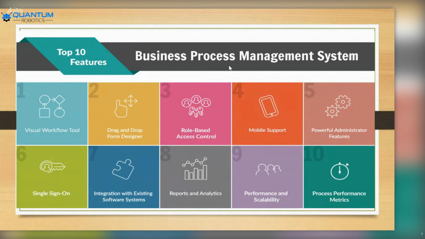Here there are: virtual workflow tool, drag and drop form designer, role based access control, mobile support, powerful administrative features, single sign on, integration with existing software systems, reports and analytics, performance and stability, and process performance metrics. All these 10 things play a key role in using robotic process automation for a particular task and make the business a most accurate process.